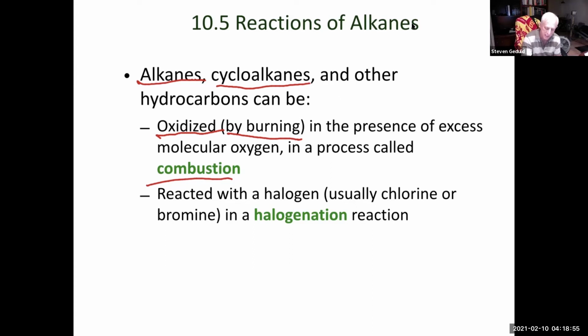Remember, halogens are gas at room temperature, so they're F2, Br2, Cl2, and I2. The halogens are always diatomic also. All right. So two types of reactions: combustion reactions, plus O2, and halogenation reactions, plus the halogens.